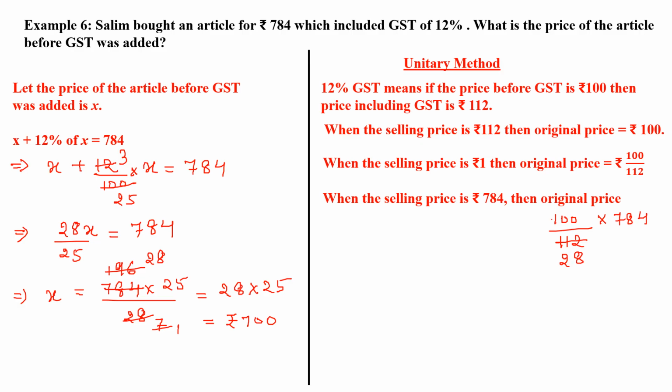And here 4 times 25 will give me 100. Isn't it? Now again 4 times 7. And this will be 4 times 196. 7 times 1. 7 times 28. So I am getting my value here also, 25 times 28, and which will give me 700 rupees. So the original price of the article is 700 rupees.